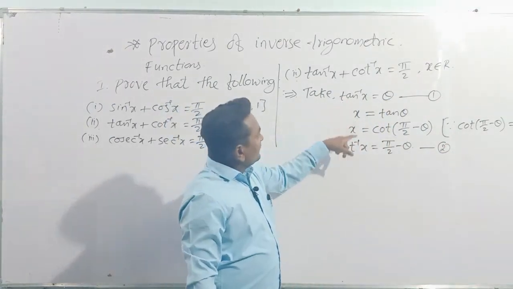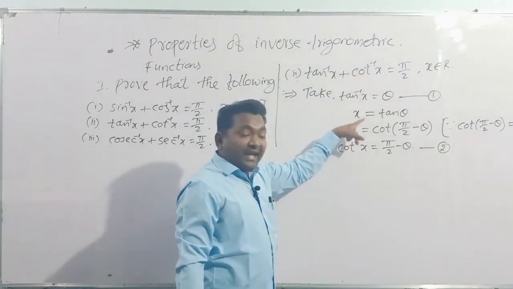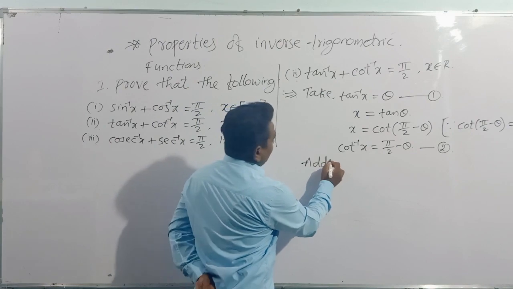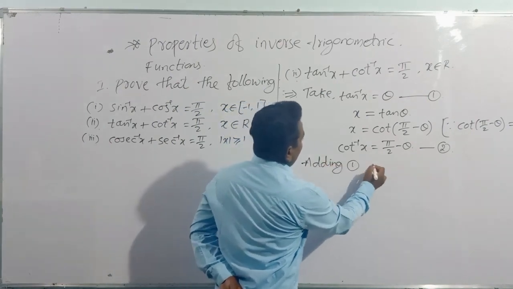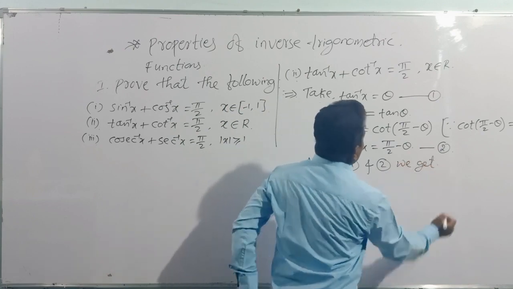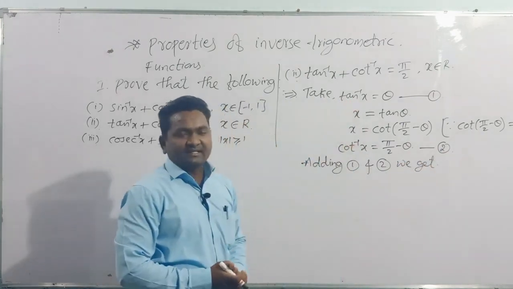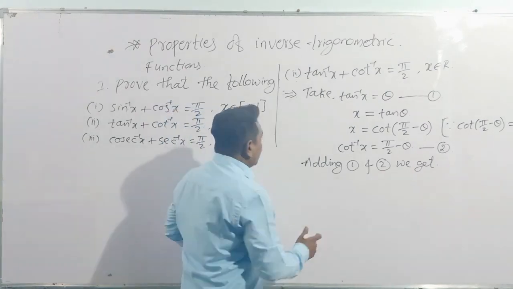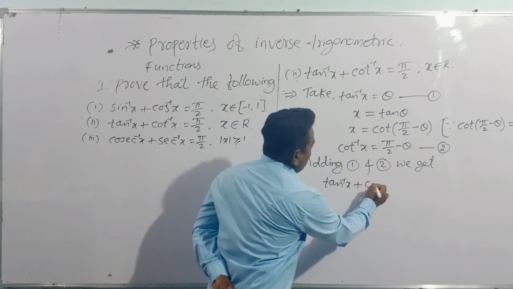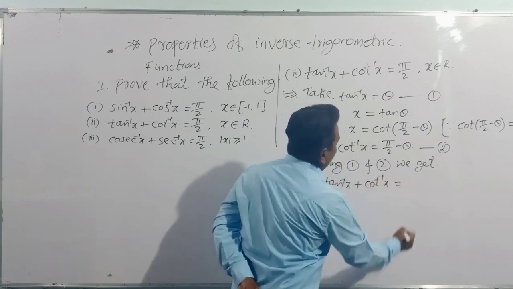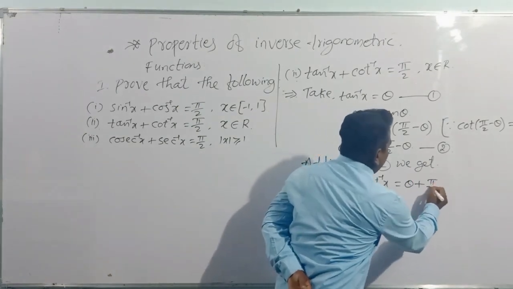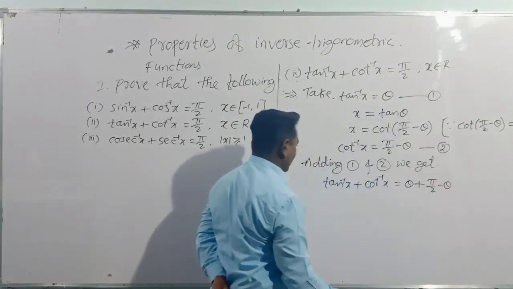So then we have to add equations 1 and 2. Adding equations 1 and 2 we get, same case, add LHS and RHS separately, that is tan inverse x plus cot inverse x equals to theta plus pi by 2 minus theta.